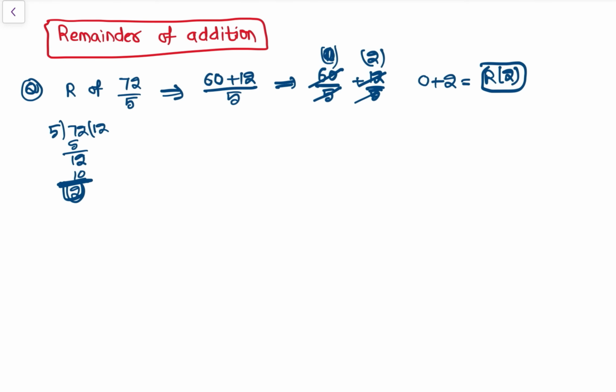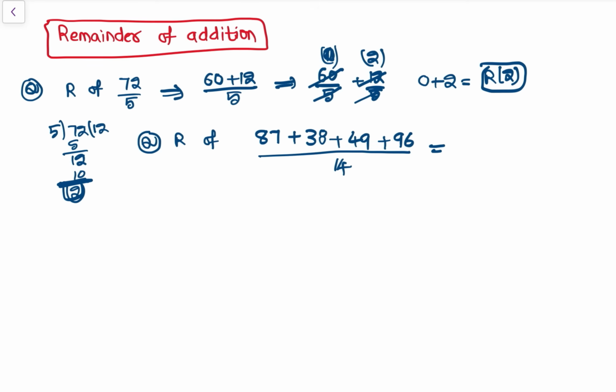जैसे देखो, question can be like this: remainder of 87 plus 38 plus 49 plus 96 divided by 14. सो ये एक तरीका होता है कि भाई सबको ऐड कर लो, फिर उनको 14 से डिवाइड कर लो, रिमाइंडर निकालो. दूसरा तरीका, see 14 6s are 84, so remainder is 3 here.